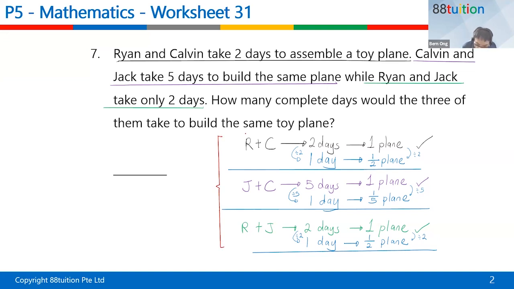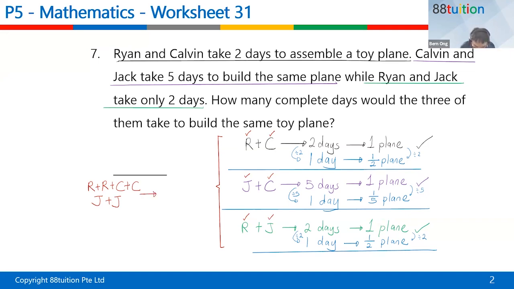That means I have the good Ryan, I have the evil Ryan, I have the good Kelvin, and I have the evil Kelvin, I have the good Jack, and I have the evil Jack. I get them all to work together.